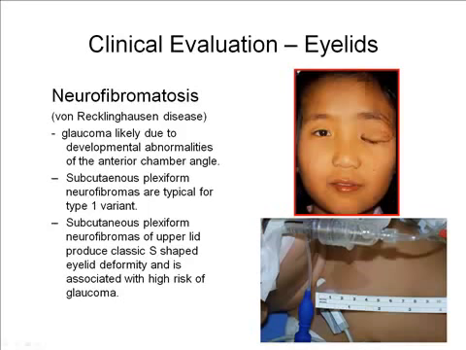Neurofibromatosis can cause a secondary glaucoma via various mechanisms, including outflow obstruction, elevated episcleral venous pressure, as well as neurofibromas in the angle obstructing outflow directly. In any case, one should be familiar with the lid deformities that are present with this disease and are associated with a higher risk of glaucoma development.